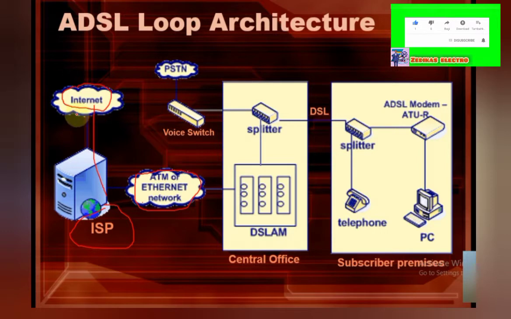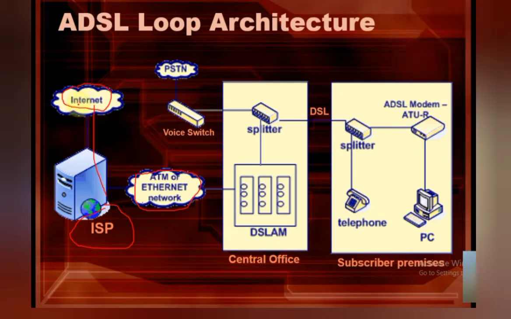So the first thing we have to know is that the internet is very important: ISP, ATM, the asynchronous transfer mode, or the Ethernet network, and then the digital subscriber line access multiplier here. So the splitter here, and here also the digital subscriber line.